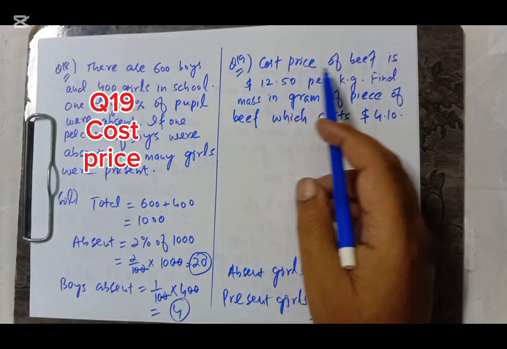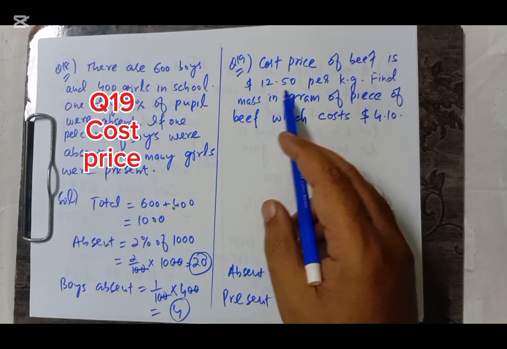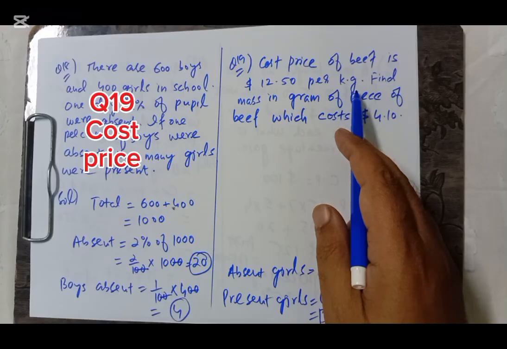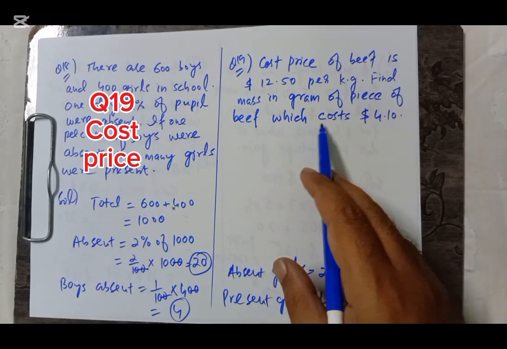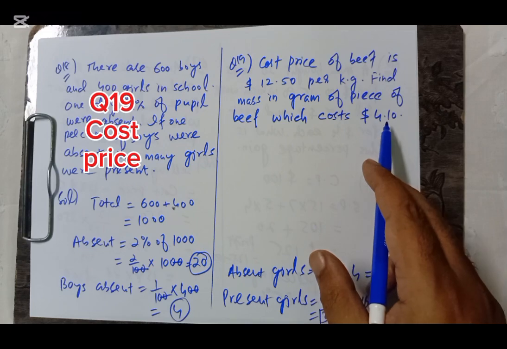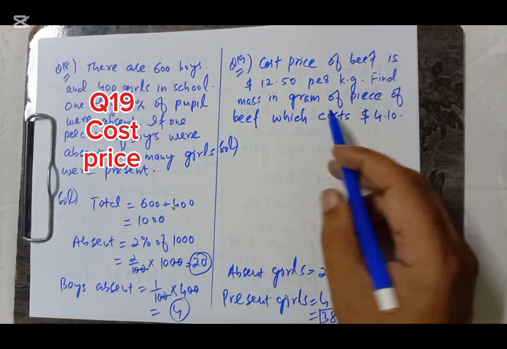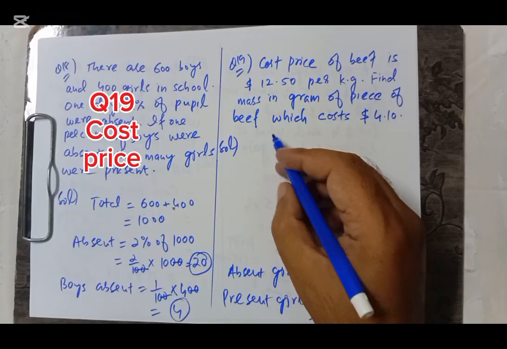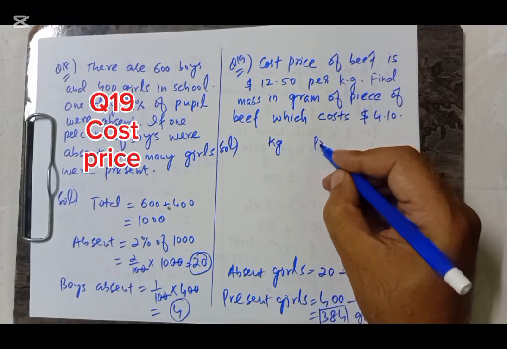Question 19 says the cost price of beef is $12.50 per kg, and find the mass in grams of a piece of beef which costs $4.10. So I can find this by making two columns. One is the kg column and the other is the price column.